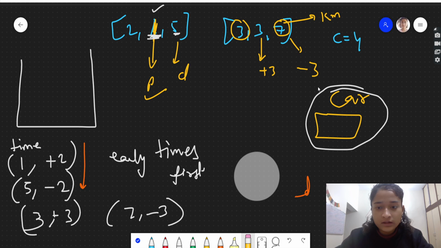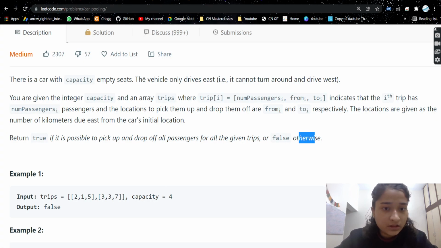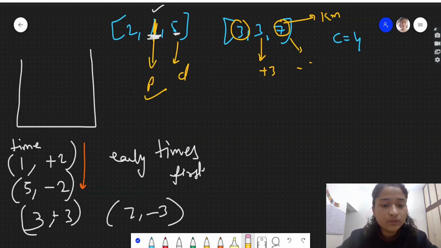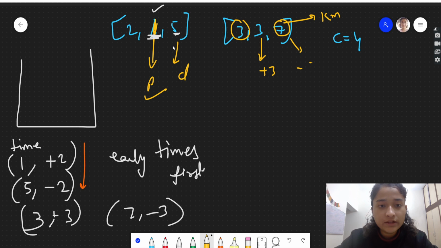Let's take this example. In the question it's clearly mentioned that the vehicle only drives east. You might say we can pick at 1, then drop at 5, and then go back.